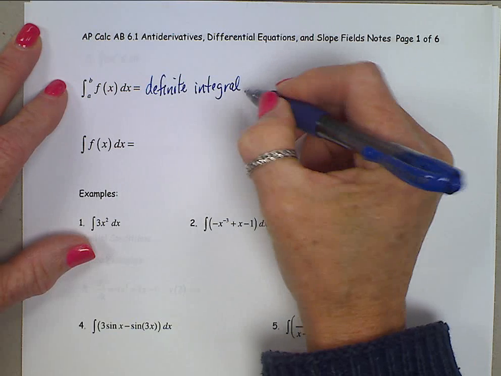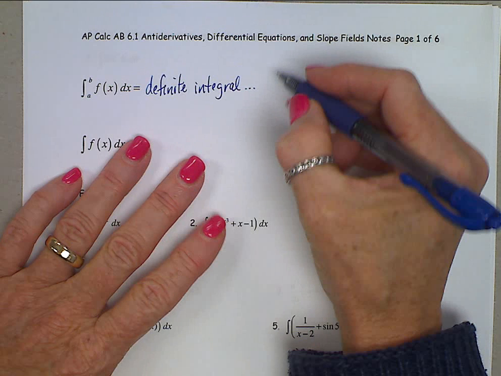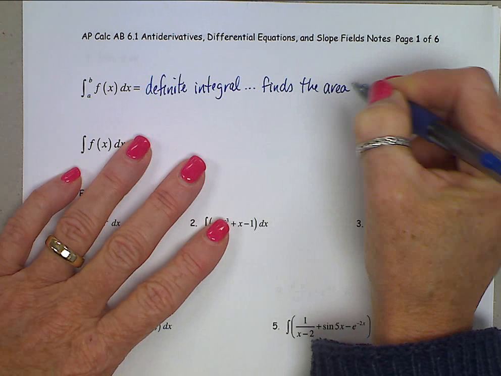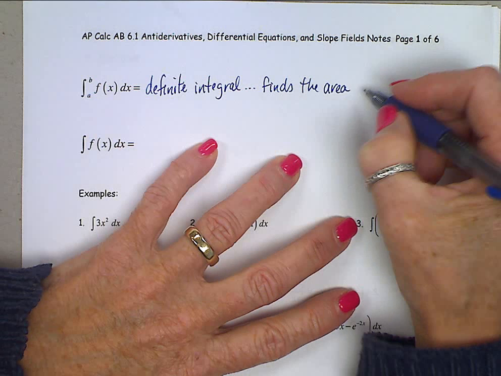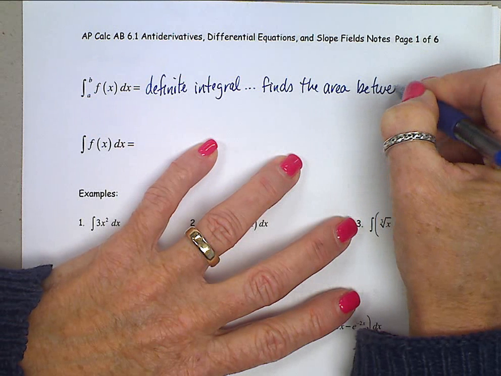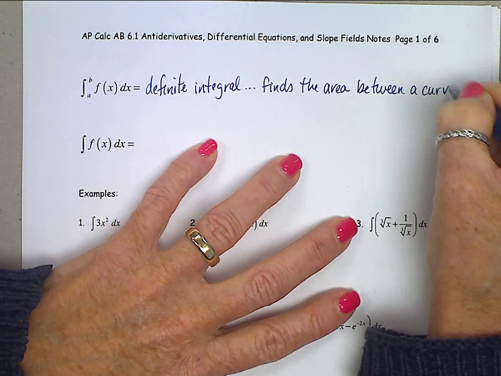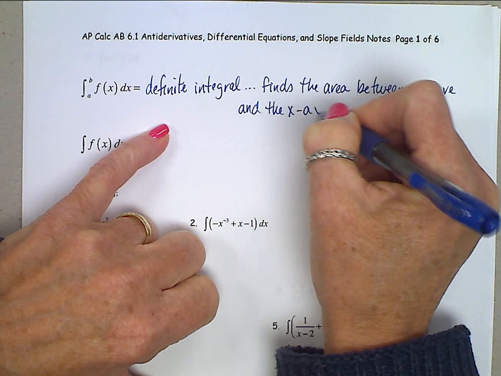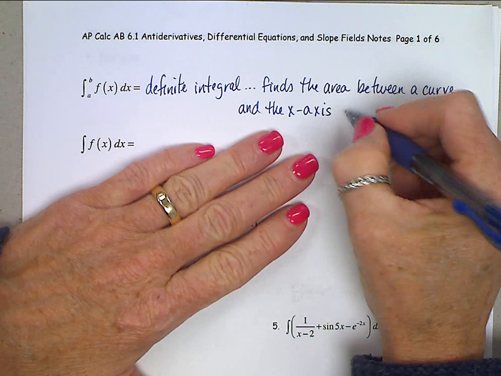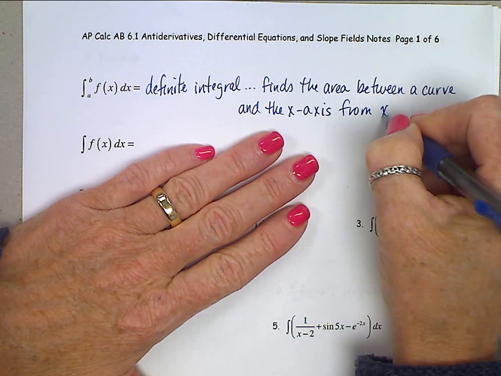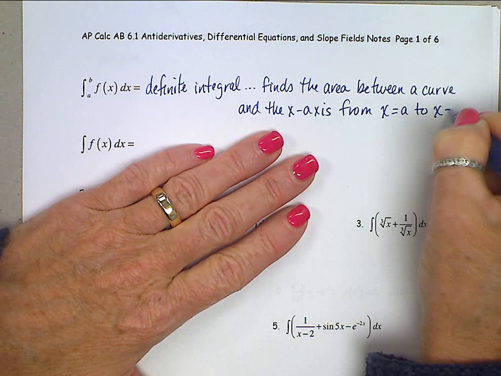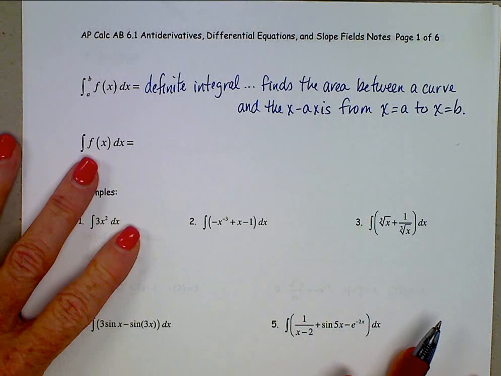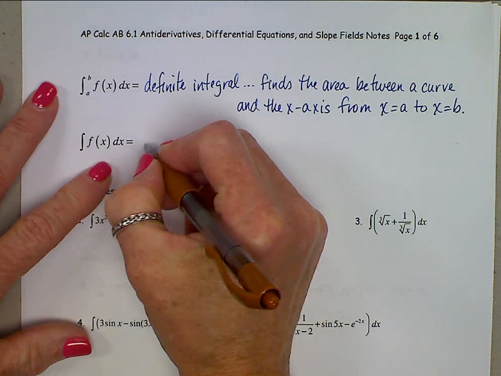And that definite integral finds the area between a curve and the x-axis from A to B. This one down here without the bounds is called an indefinite integral.